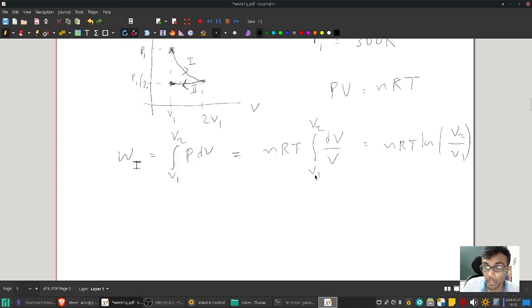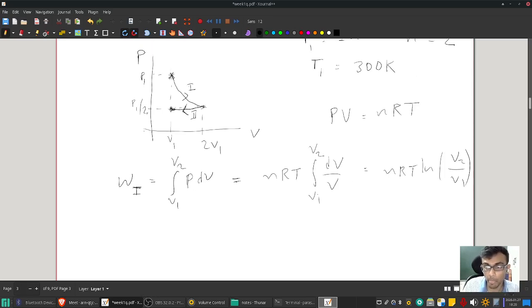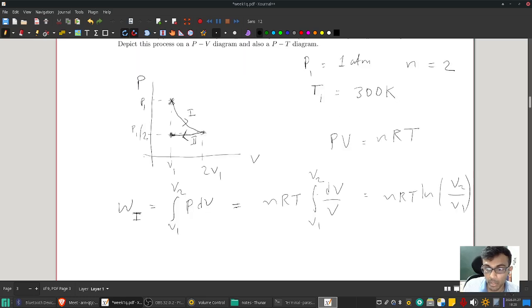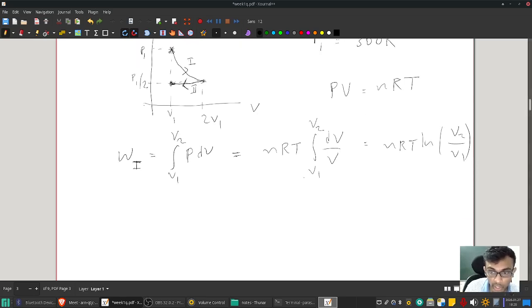So that is the work done in an isothermal process. For our purpose, in this particular calculation, T is T1, the initial temperature. So it is 2RT1 ln 2.